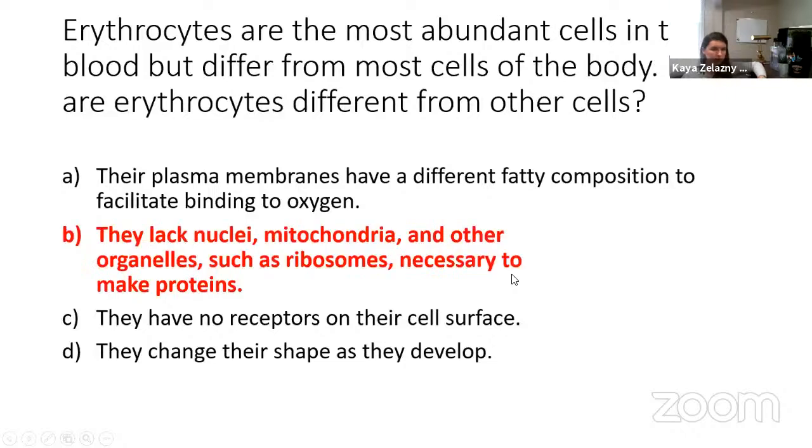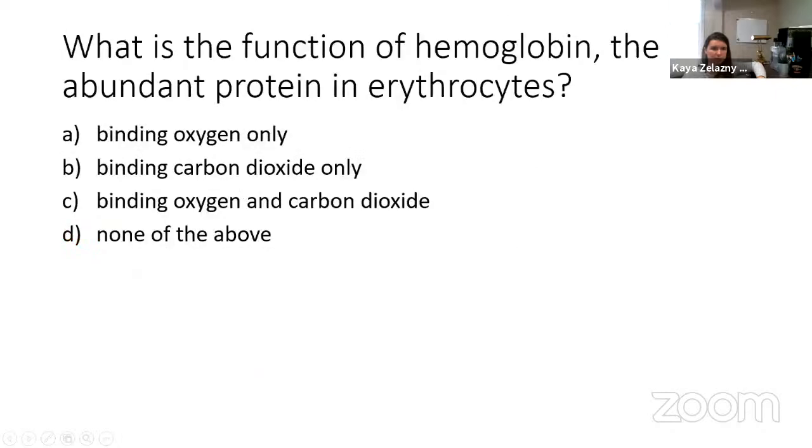You're not going to see a nucleus. You're not going to see mitochondria. You're not going to see a bunch of organelles that need to do things. Really, really bare bones kind of structure. Okay, and this one might be a little tricky, but what can hemoglobin bind to?